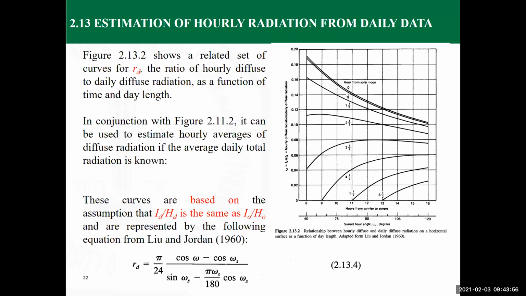So what you see here in front of you is very much the same as we have done previously, but the focus here is on a component of the incident radiation, which is the diffuse component. So a figure similar to the previous one, exactly.